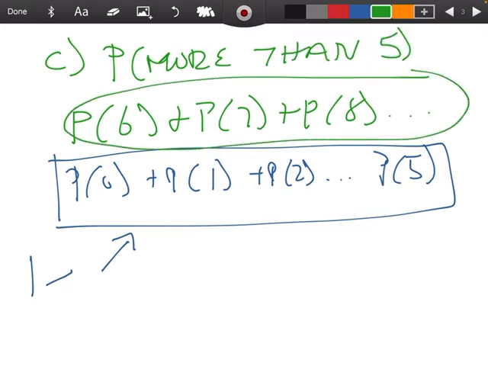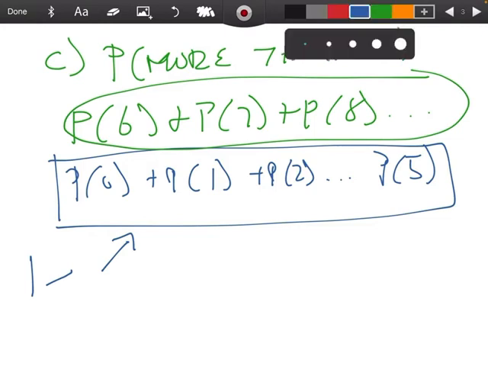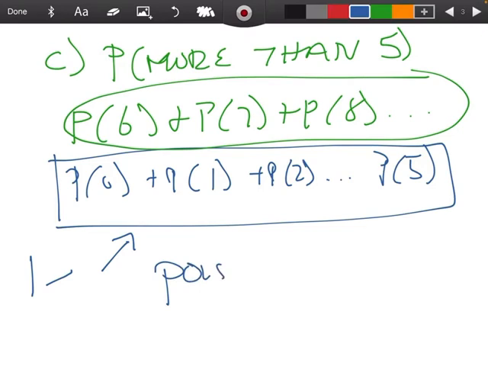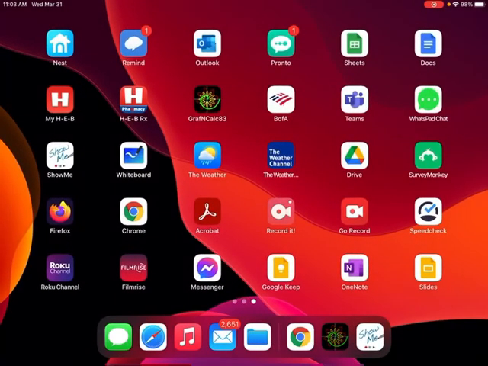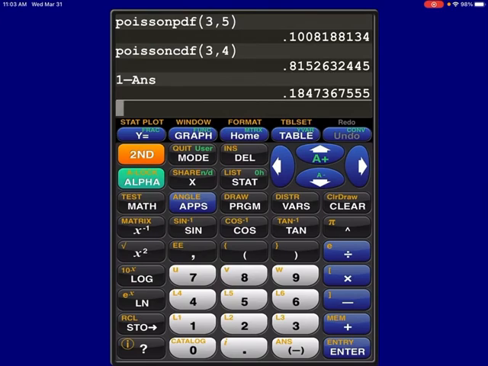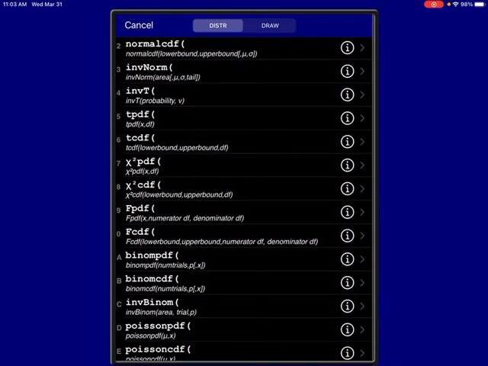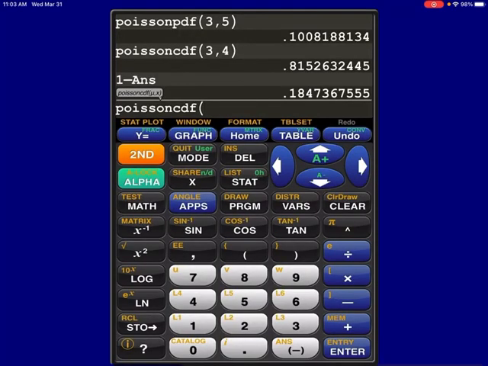Okay, so let me do the part here in the blue. So again, I'm going to use my Poisson CDF. Remember, C, because C means cumulative, like you're adding them all up, okay? We said that our average was 3, and I'm stopping here at 5, okay? So I'm going to grab my calculator one more time. I'm going to go second vars. I'm going to go to my Poisson CDF. I'm going to put 3, 5, okay?